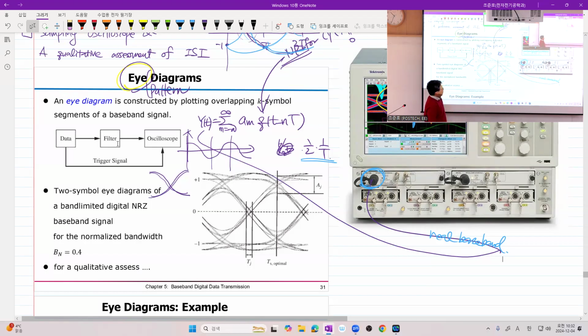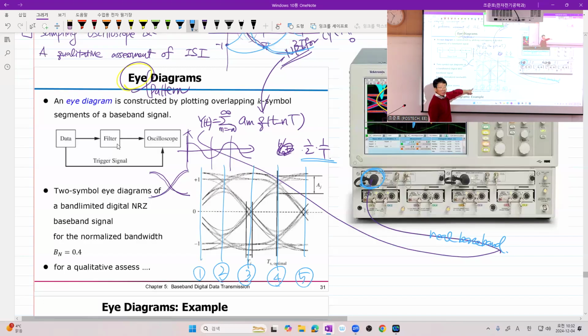Now, where is the proper sampling instant? Multiple choice, 1, 2, 3, 4, 5. So where do you need to sample? What do you guess?